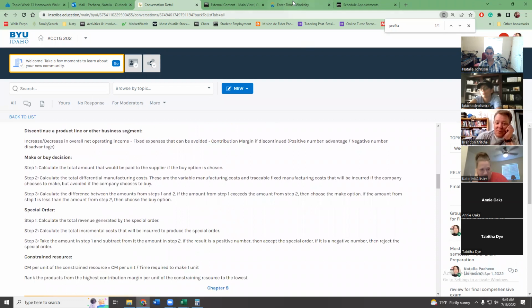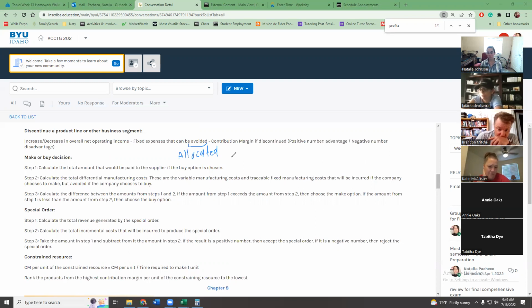Okay, so chapter 11. When you want to see if you should discontinue a product or a segment, you get the fixed expenses that can be avoided, so all the relevant fixed expenses. Remember that when it says allocated, it means that it's a cost that is for the whole company, but they just divided it into segments.